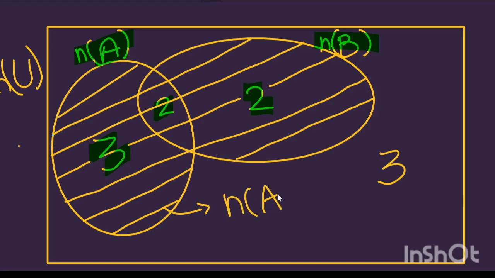Yes, A union B, which contains how many elements? The sum of 2, 2, 3, which is 7. So N of A union B is 7, guys. Okay.